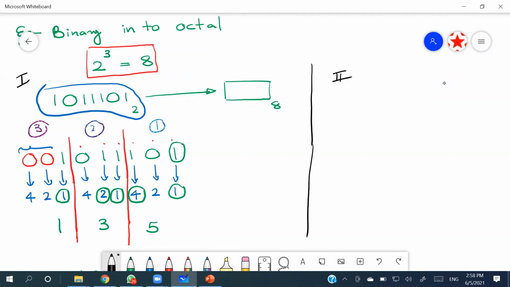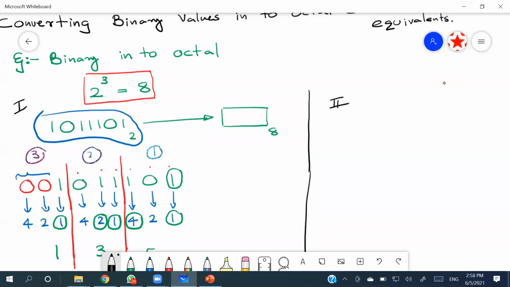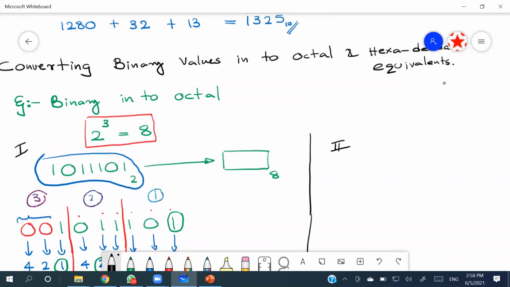In the second example, let's consider 110.101.011 binary into its octal.